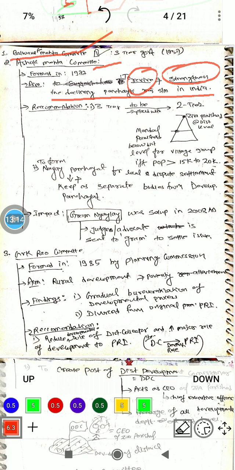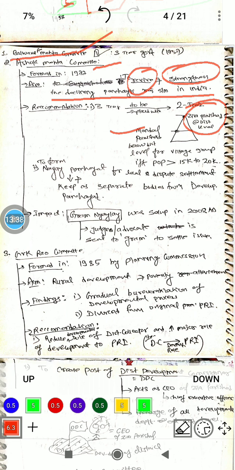What did it recommend? It recommended that the three-tier government be replaced with a two-tier government. Initially, on the recommendation of the Balwant Rai Mehta committee, the government had already cleared the concept of PRI with three tiers of government, but this committee recommended a two-tier government: one for the Zilla Parishad and second for the Mandal Parishad.